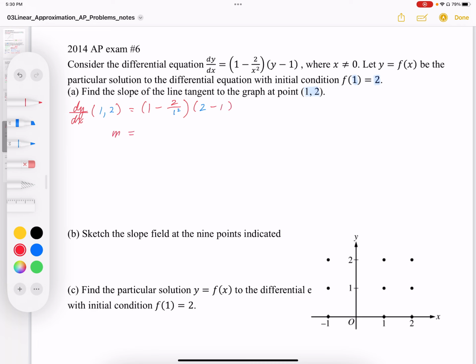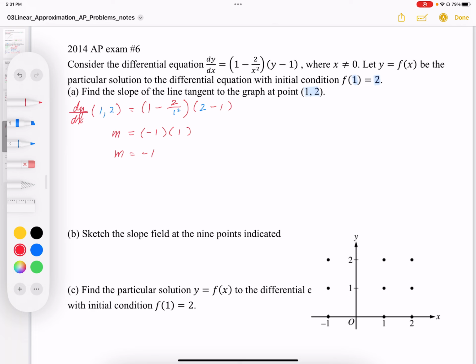That's going to give us the slope value. When I plug this all in, I get 1 minus 2, that's negative 1. 2 minus 1 is positive 1, so the slope value is equal to negative 1. That is the slope of that tangent line, and using that slope, we can come up with a tangent line equation for that.